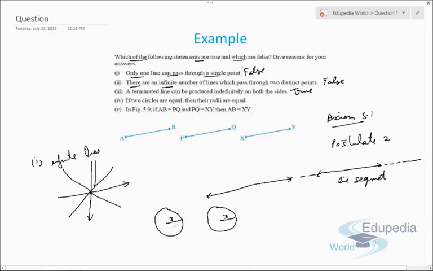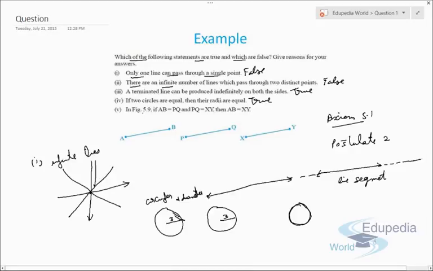If both the radii of the circles are the same, then only we can have equal circles with equal circumference and diameter. And if we superimpose, like we put one circle over another circle, then we'll get the exact same circle. So this statement is true.